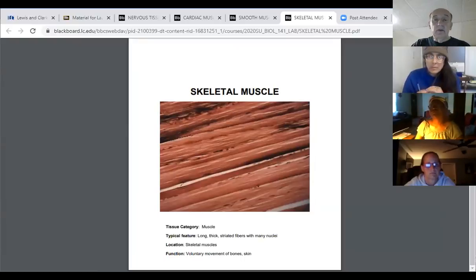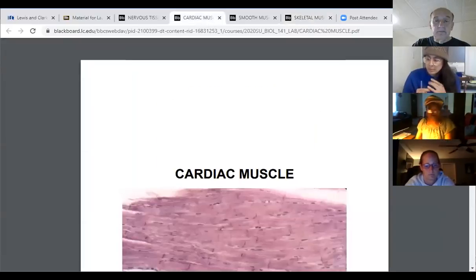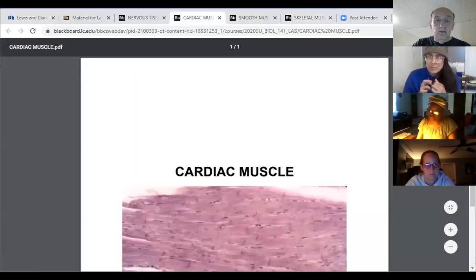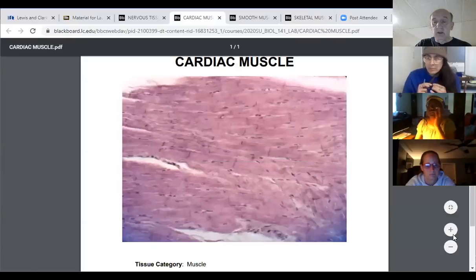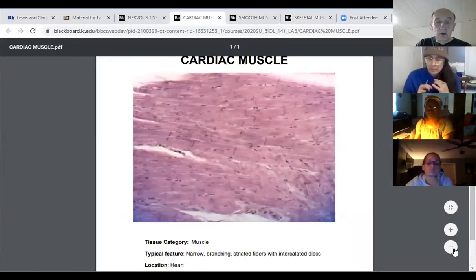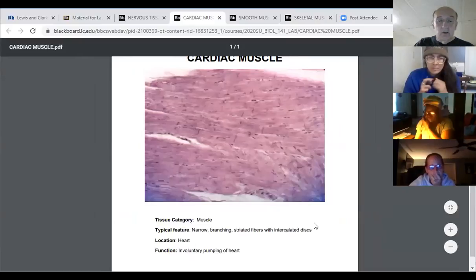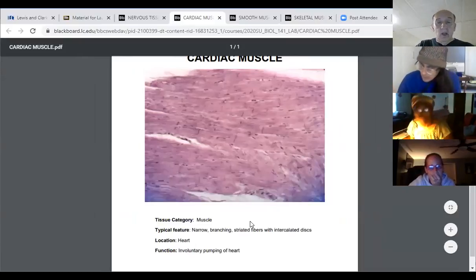Our next issue, let's go to cardiac muscle. And if I can scroll this up and maybe zoom out to show all the lines here. So when you look at this muscle in this view, it's just a purple mass of cells.